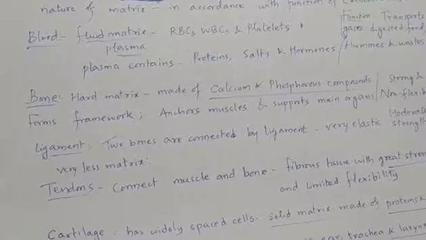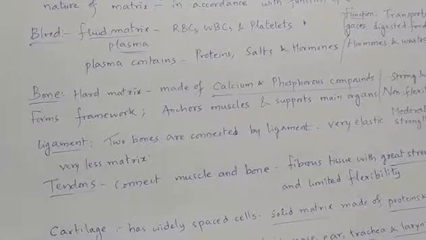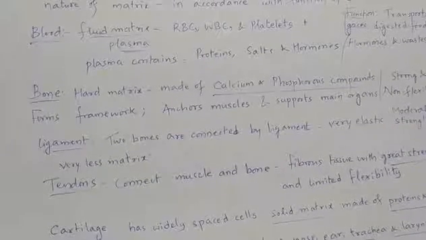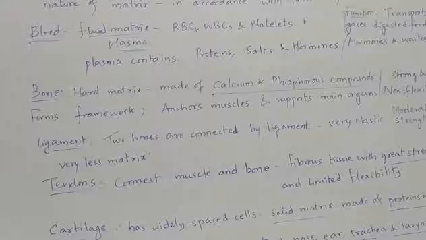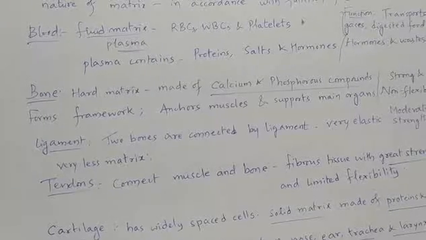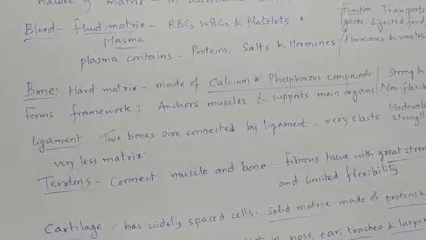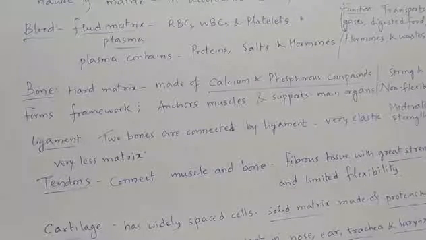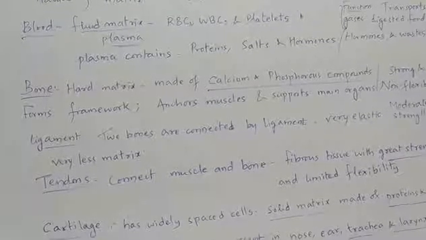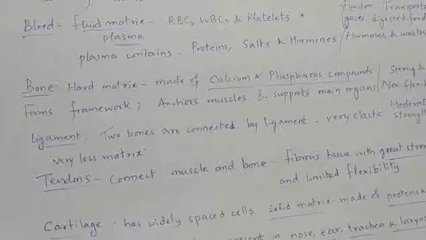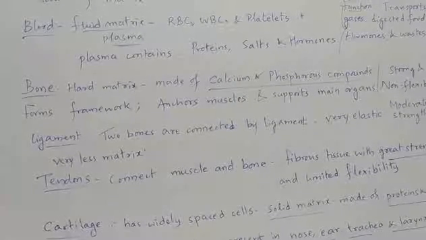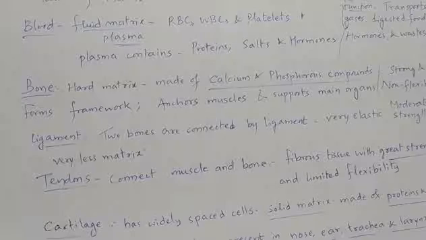Example for fluid connective tissue. One and only fluid connective tissue is blood. Blood has a fluid matrix called blood plasma and blood cells present in this plasma. The blood cells are red blood cells, white blood cells, and platelets.